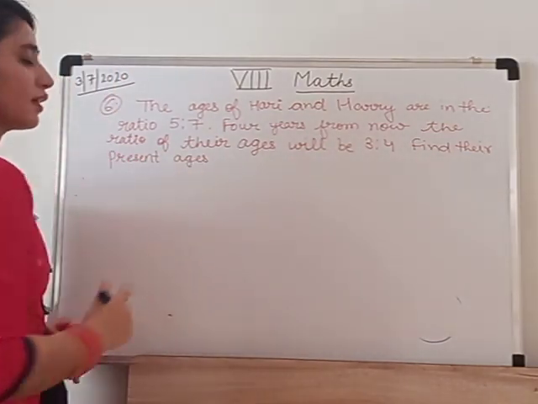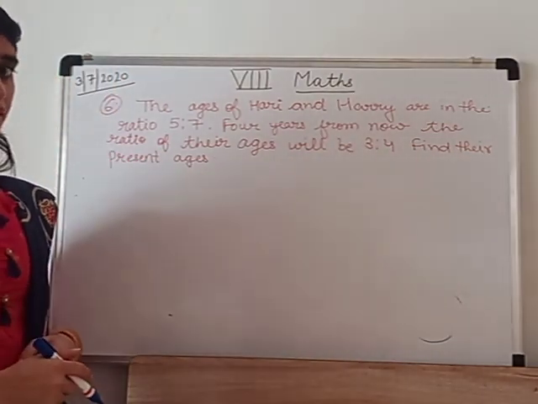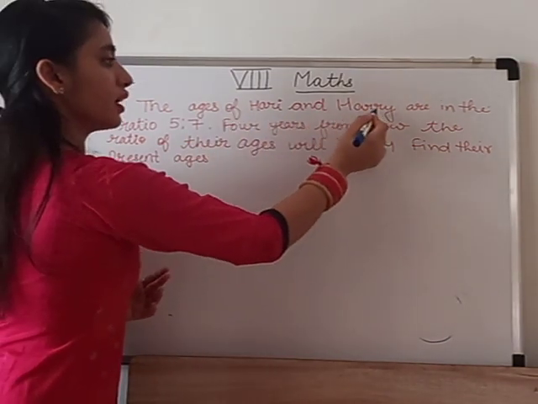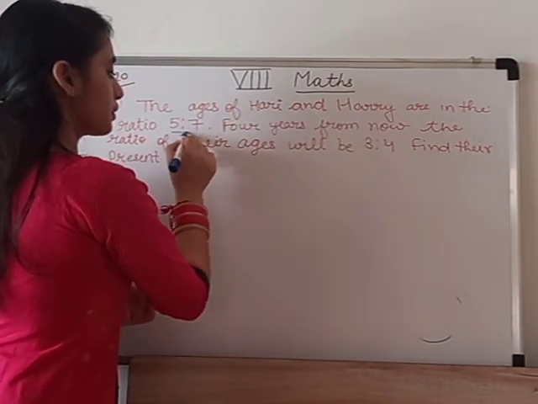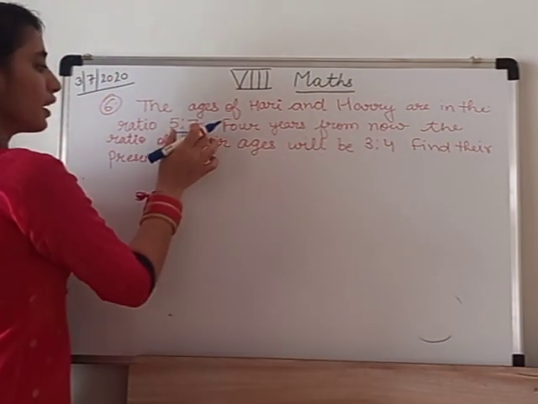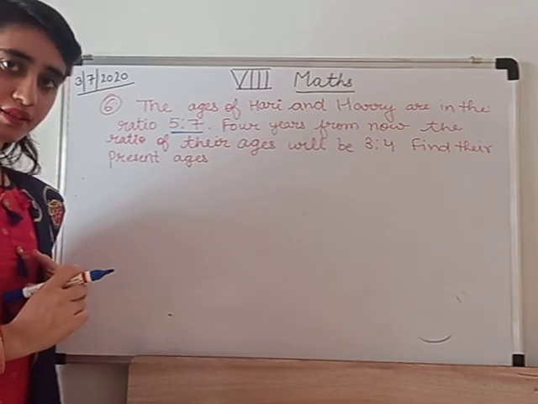Find their present ages. Let the present ages be, the present ages of Hari and Harry are in ratio 5:7. So let the ratio be x.